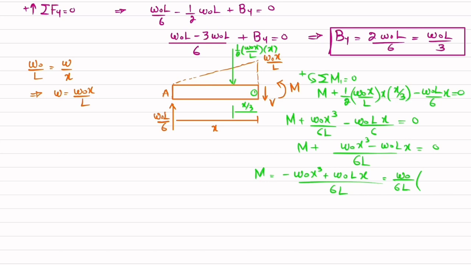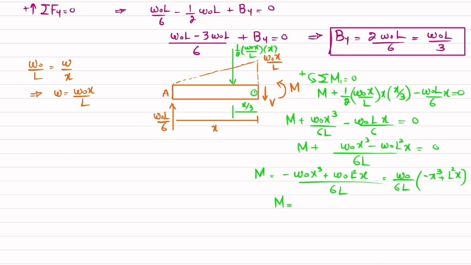So you will get minus X cube plus L square X. When you divide this by 6, it will be L square. So here I will have L square X.